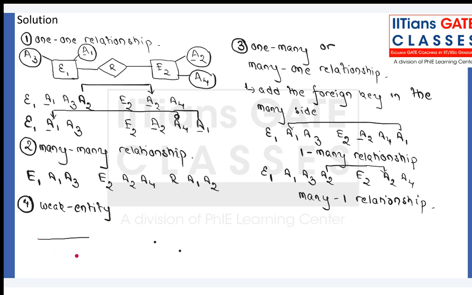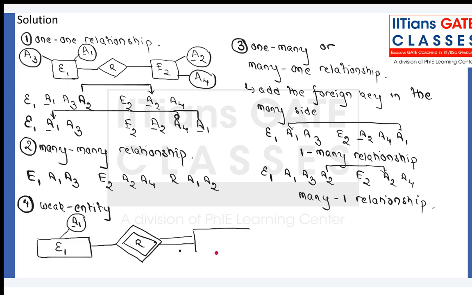There will be a strong entity which has an identifying relationship, which looks like this, and the weak entity participates totally in this identifying relationship.